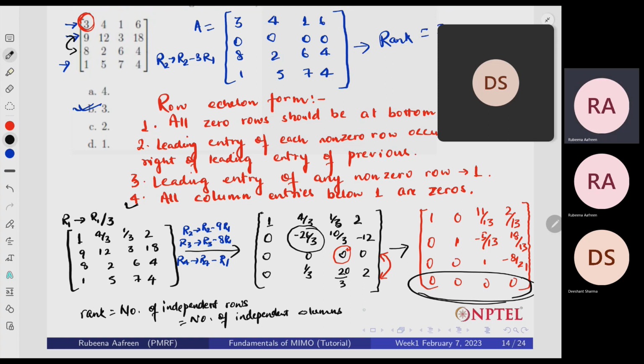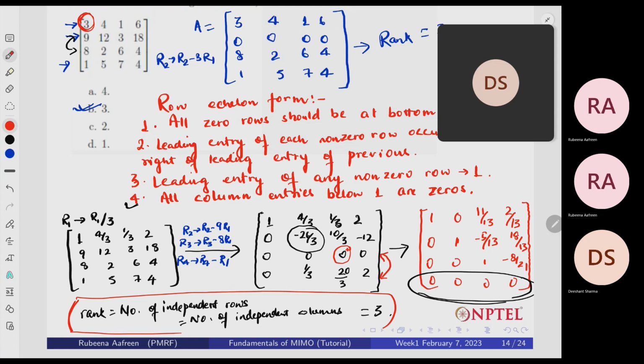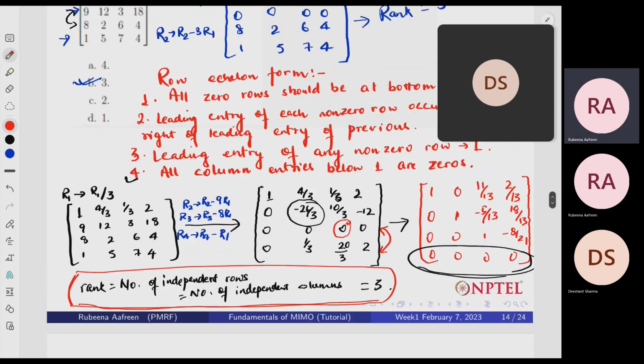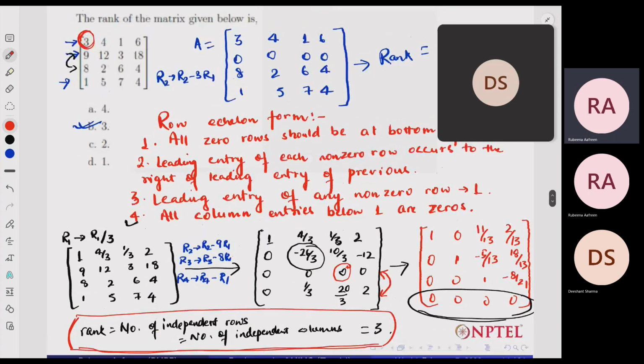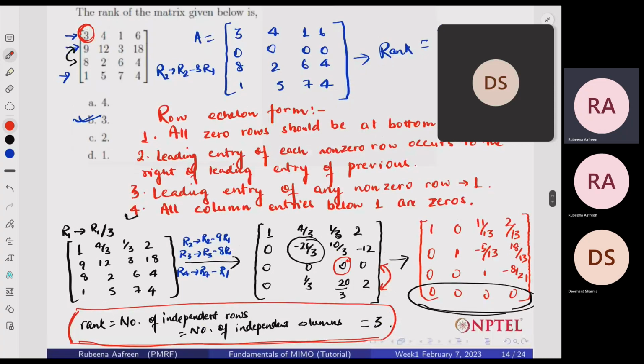So in this case, rank is 3. Please ask if there is any doubt in the row echelon form. Although this is pretty basic, I have explained it because this is a very important concept.